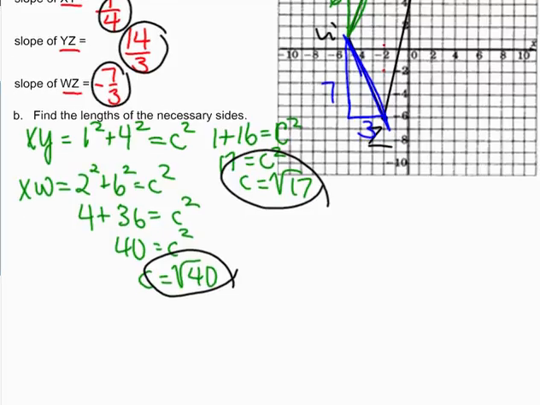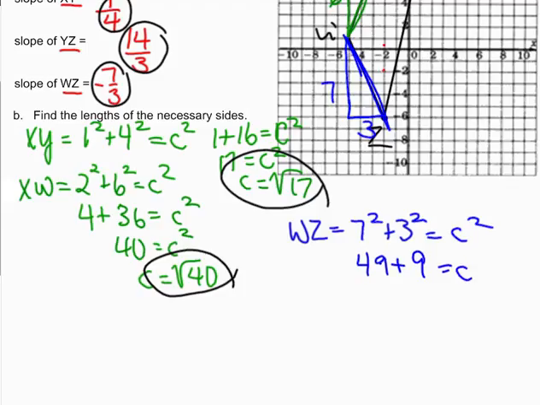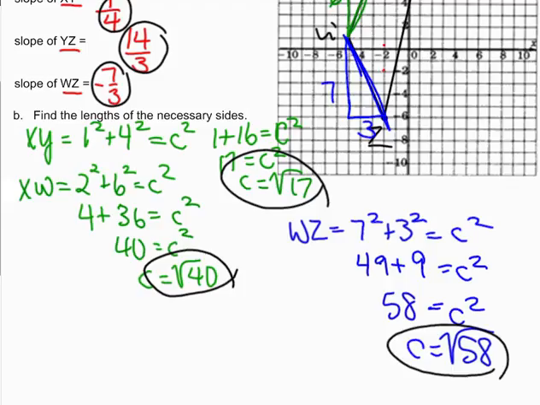So WZ is going to equal 7 squared plus 3 squared, 49 plus 9. That's going to be 58. So c is going to be radical 58. Well, this is also not the same as any of those other ones. So we now have 3 sides that are different.